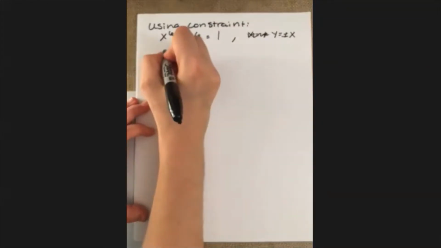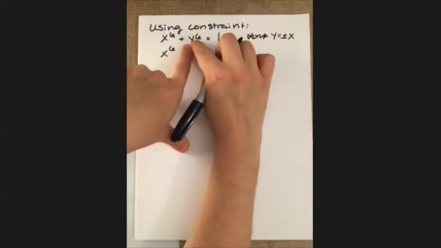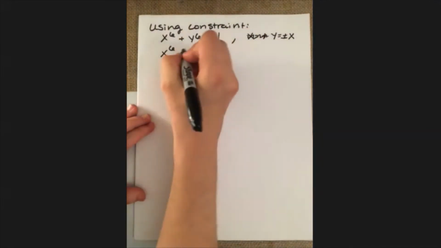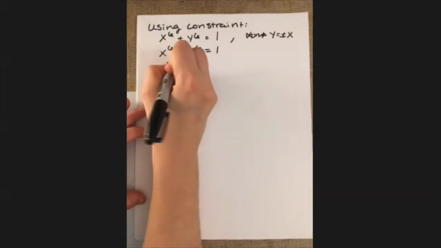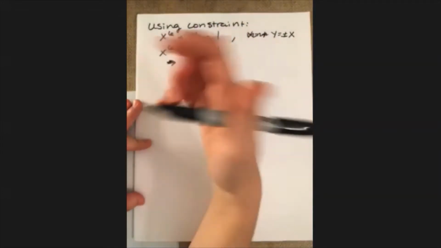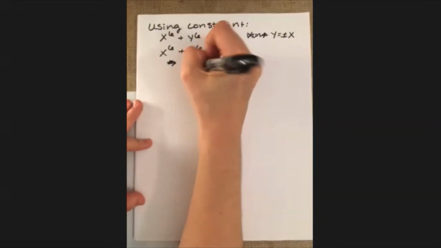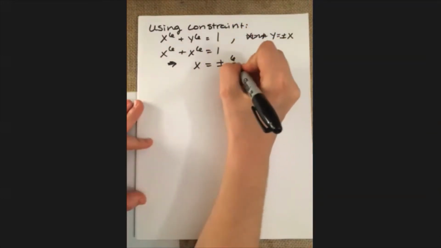So that gives us x to the 6th. And then when I take that plus or minus x in here and raise it to the 6th power, plus or minus no longer matters. And we still have x to the 6th that's equal to 1. Combining these two pieces, dividing by 2, taking the 6th root, all that stuff, we're going to get that x is equal to plus or minus the 6th root of 1/2.